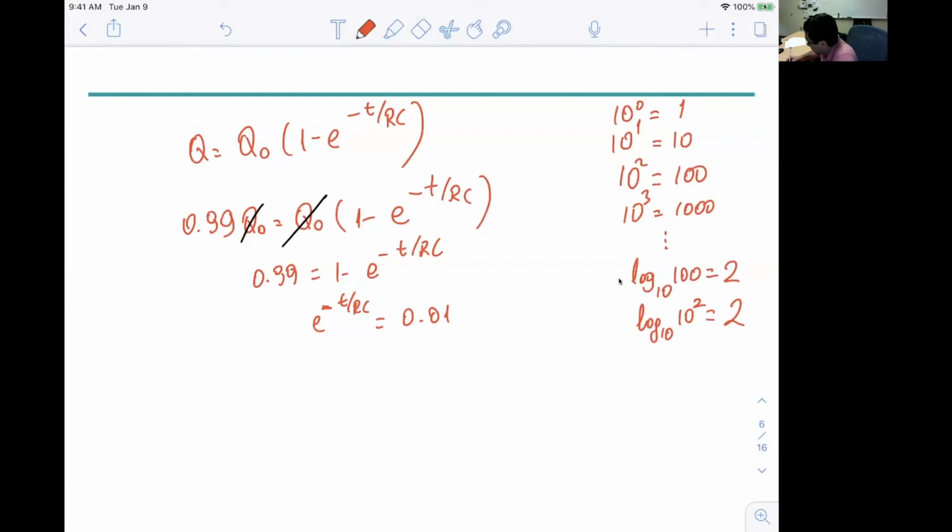Same here, the natural log of e to the 1 is going to be 1. Log of e to the 2 is going to be 2.